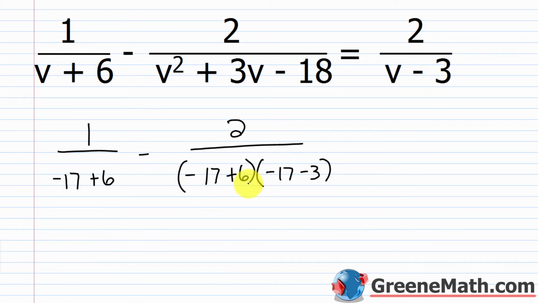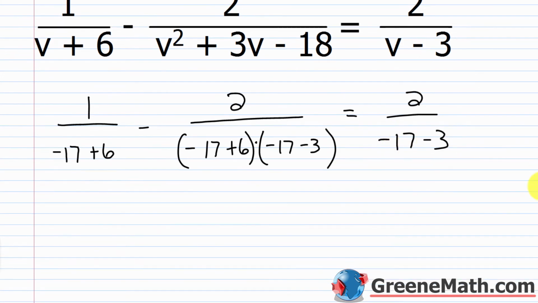These two quantities are multiplied together. This is multiplication. So make sure you don't just write it as one long string, because it's easy to substitute it in that way and not realize that it's multiplication and make a mistake. So it's this times this. Then this equals 2 over, you've got negative 17 minus 3.